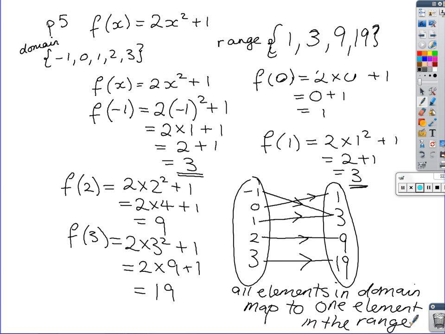So all the numbers that you put in have a value when they come out. It doesn't matter that 3 is mapped onto twice. This is not important. So we can represent this on a graph. It's been done for you on page 6 already.